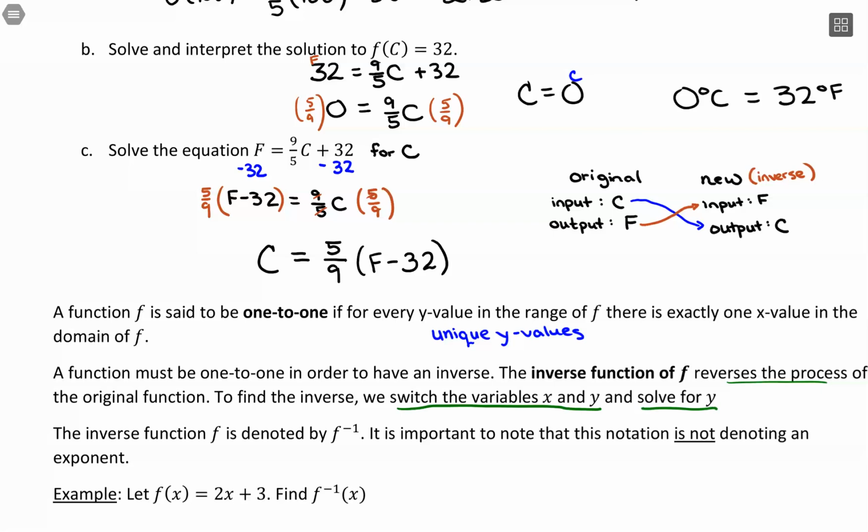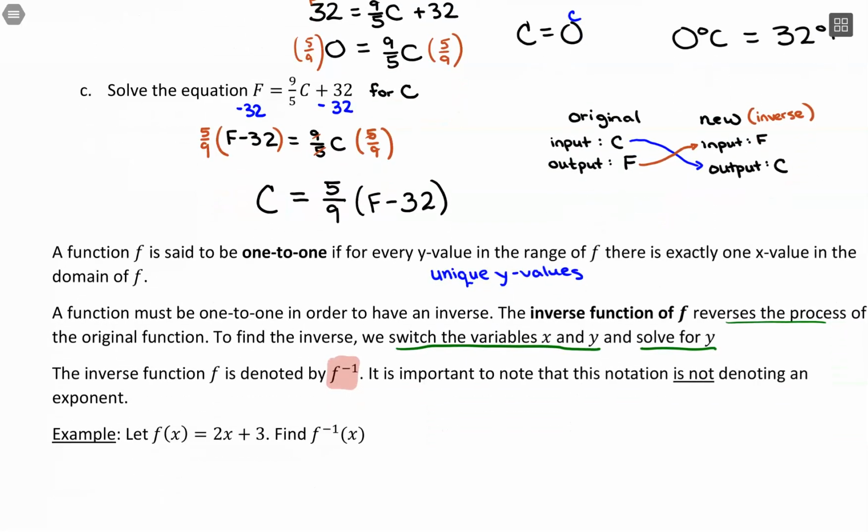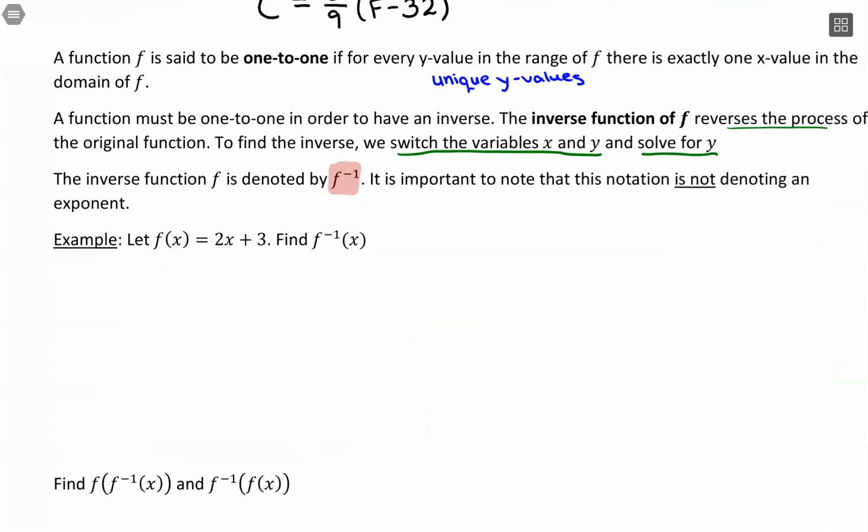Our notation for an inverse function is we take the notation of our original function and put a -1 up there. I don't want to say it's an exponent because it's not. It's just notation to represent the inverse function. So like for this example down here, I have f of x, and where I see f -1 of x, I would say the inverse of f of x.